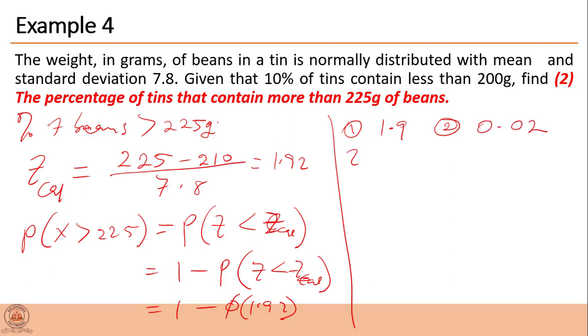If you add this plus 0.02 is what we have inside the bracket 1.92. So let's head on to the table and get this probability value.